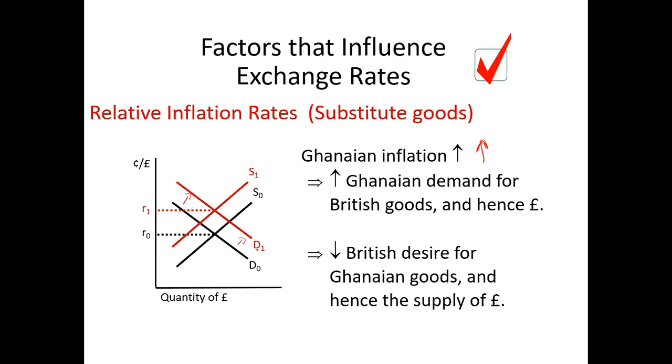Now let's look at the supply of foreign currency. Remember that a country is able to get more supply of foreign currency when it does more exports. Now the Ghanaian goods have become expensive, so it is going to decrease exports.